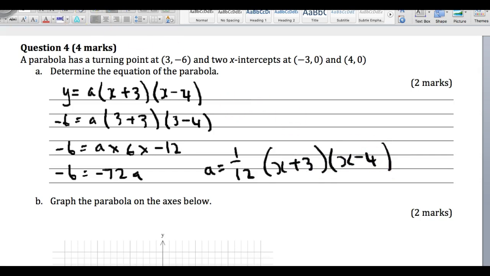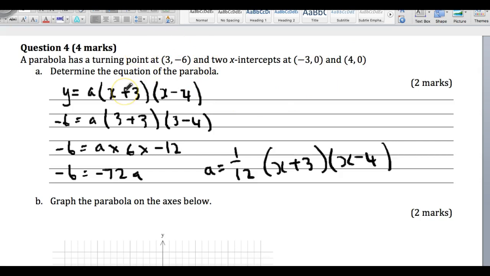So let's graph that. I'm just trying to think, is that right? Actually, I've made a mistake. Hold on, I'm just thinking aloud here, negative 3 plus 4.